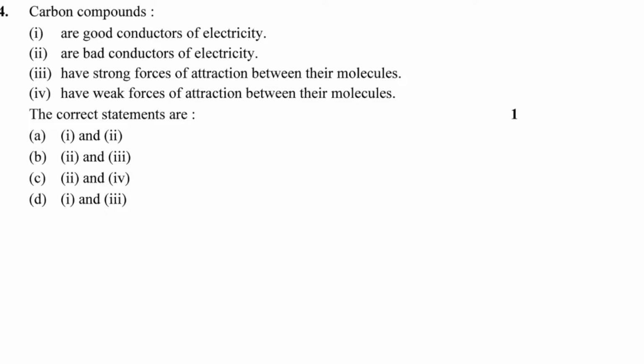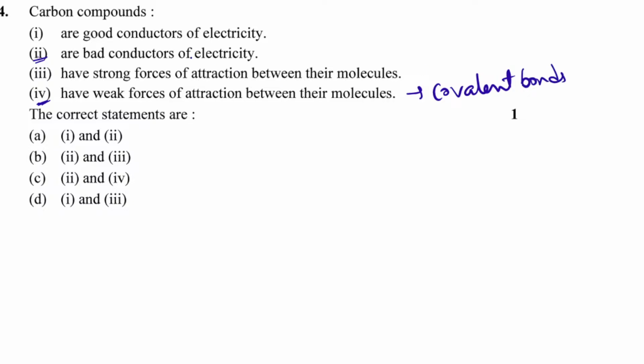Carbon compounds are good conductors of electricity, bad conductors of electricity, have strong forces of attraction, weak forces of attraction. Let's see the options. Carbon compounds are bad conductors of electricity and also have weak forces of attraction, so they cannot form ionic bonds, they can only form covalent bonds.